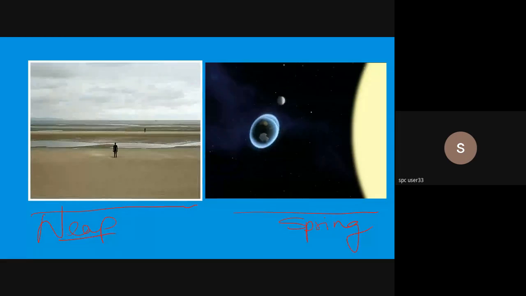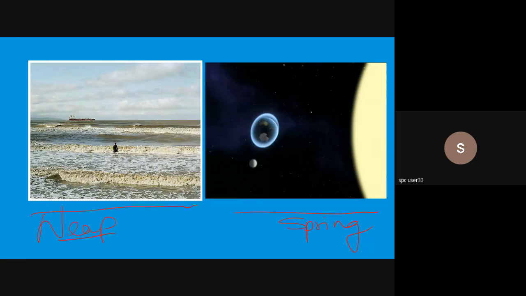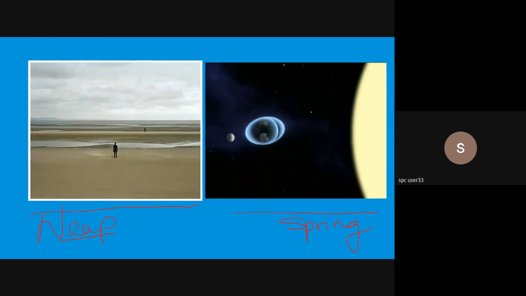Now this happens basically because when they are in line, on a new moon day or a full moon day, the moon and the sun are going to impose their gravity together on the earth.